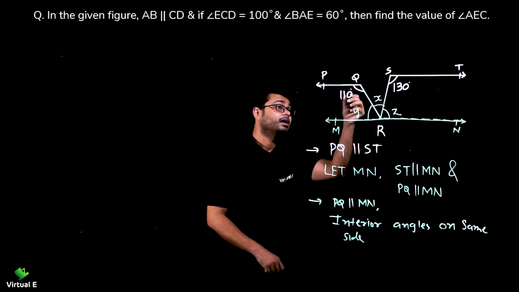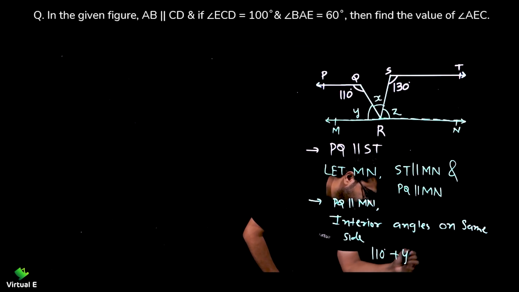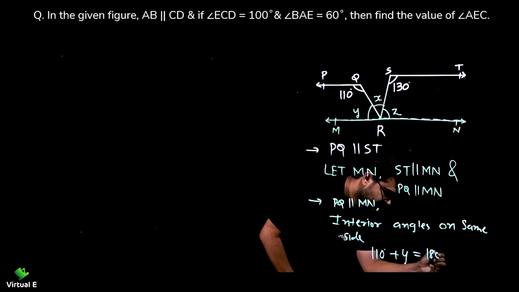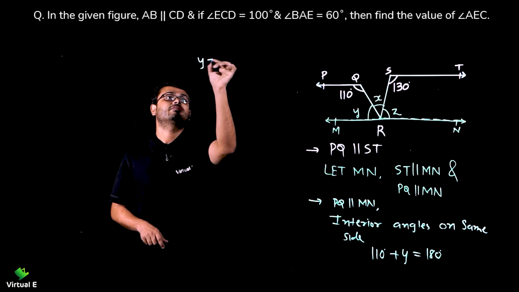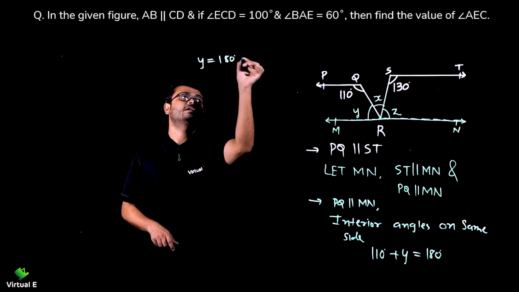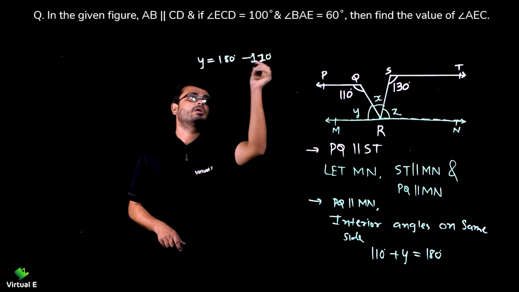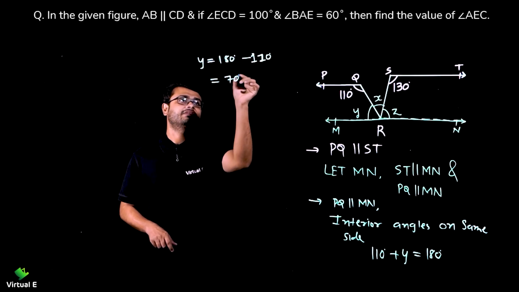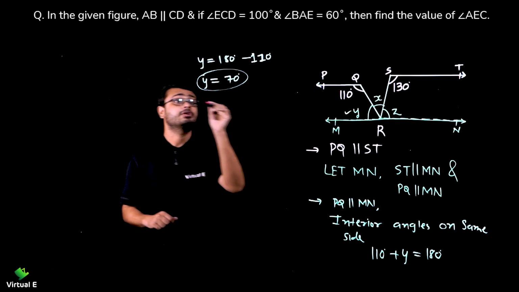What we can write? 110 degree plus Y is equal to 180 degrees. So what will be the value of Y? That's very simple. So Y is equal to 180 degree minus 110 degree. What are we going to get? That is 70.